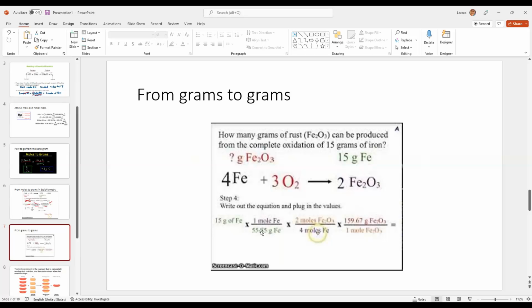And using the molar, in this case, the atomic mass, you convert grams of iron into moles of iron.